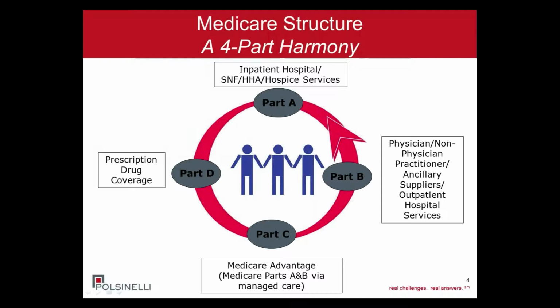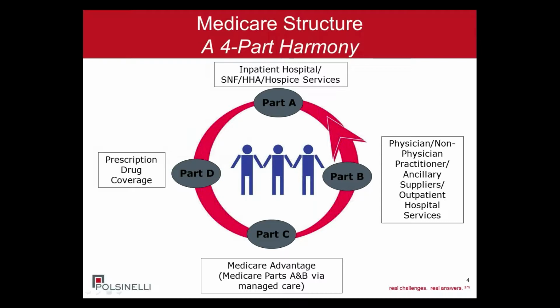It's a growing program through which beneficiaries can enroll in a private health plan, such as an HMO or PPO plan that you might have through an employer, and they receive all Medicare covered benefits that would be provided under Parts A and B through that private plan. So if a beneficiary is enrolled in Medicare Advantage, they're not also enrolled in Parts A and B. It's essentially a replacement, and it captures both of those through a private Medicare Advantage plan.